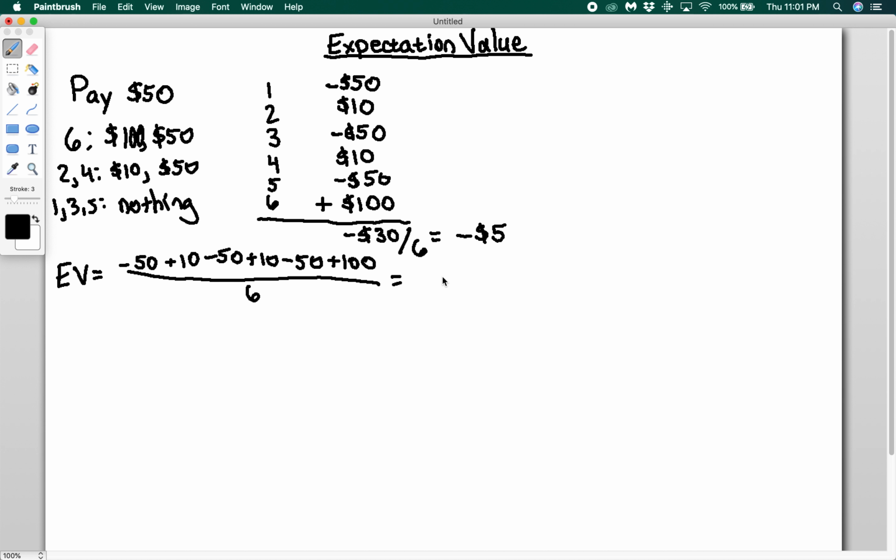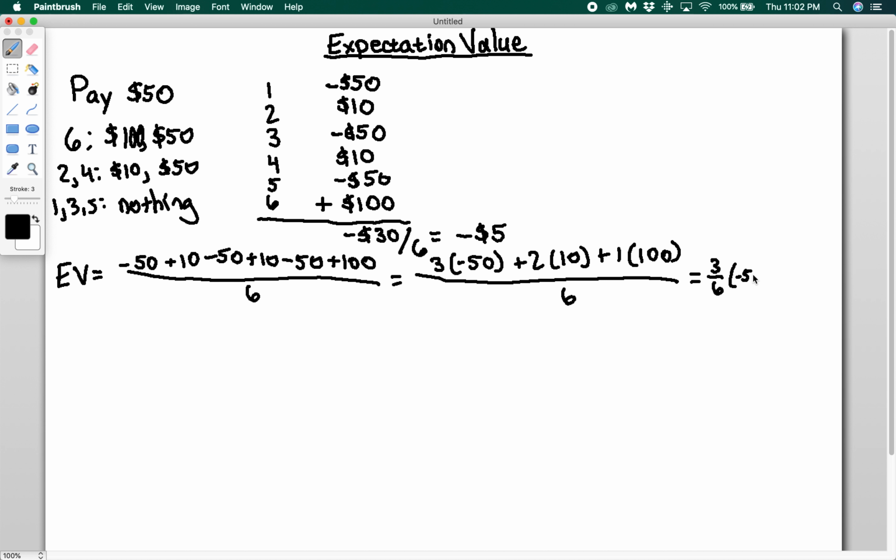So I'm going to split this up a little bit, and I'm going to say, well, I have 3 ways of losing $50, plus 2 ways of winning 10, plus 1 way of getting 100. Then you have to divide it by 6. So then I can split this and say, this is 3/6 times negative 50, plus 2/6 times 10, plus 1/6 times 100.